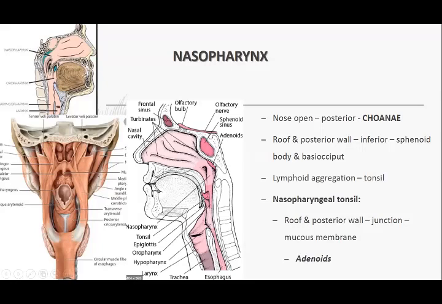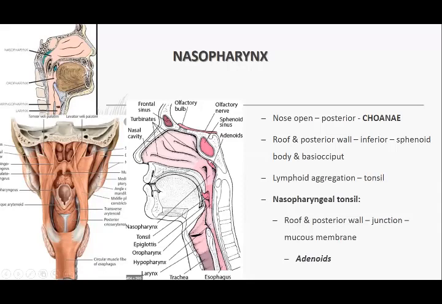ये, okay. Actually, at the junction of the roof and the posterior wall, that is the basi-occiput formed by the sphenoid or the posterior wall. यहाँ पे at this junction you have a collection of lymph nodules.